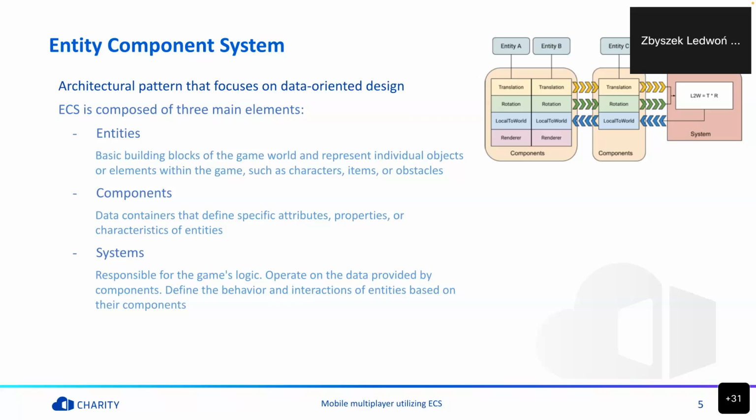They operate on the data provided by components and define behaviors and interactions of entities in the game. So in the car game example, there would be a separate system responsible for moving cars, rotating cars, collisions between objects, sounds the objects make, etc., etc. Each system is responsible for something else.